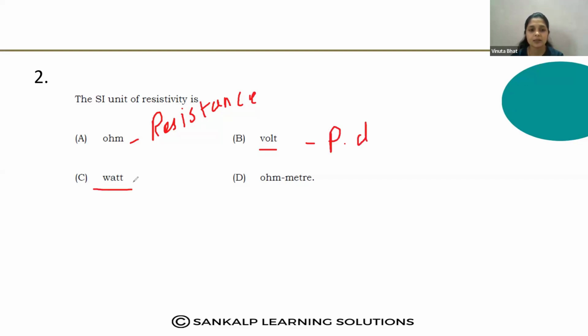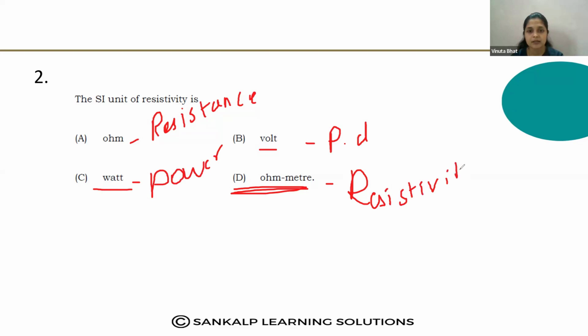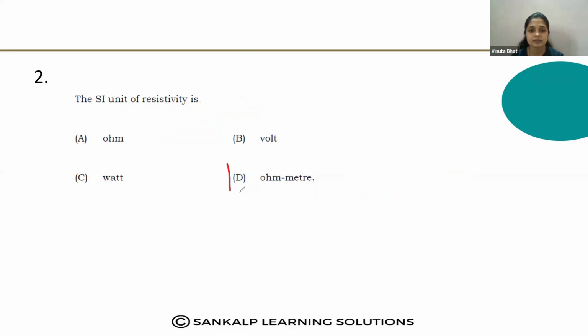And watt is the SI unit of power. And ohm meter is the SI unit of resistivity. So the correct answer is the SI unit of resistivity is ohm meter. Option D is the correct answer.